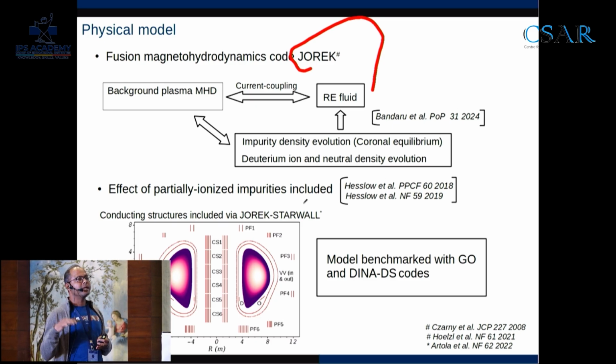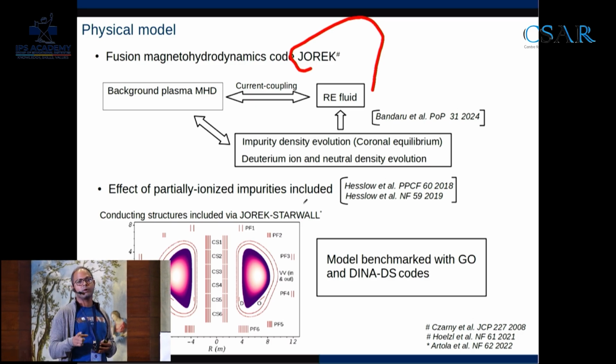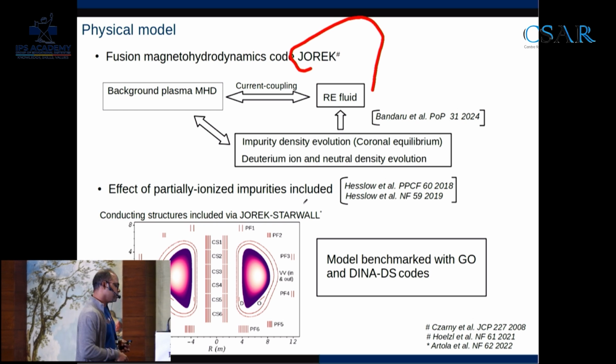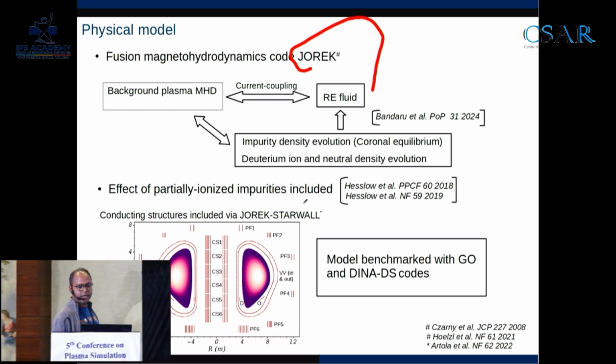That is, you can relate the normal magnetic field component to the tangential magnetic field component on the plasma boundary, which takes care of what happens in the vacuum region, so that you avoid explicitly modeling the exterior. That is what is referred to as JOREK STARWALL.